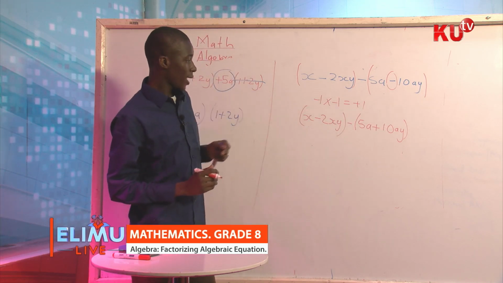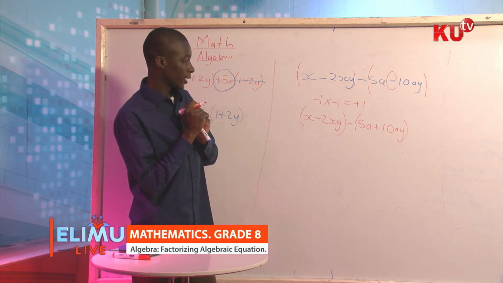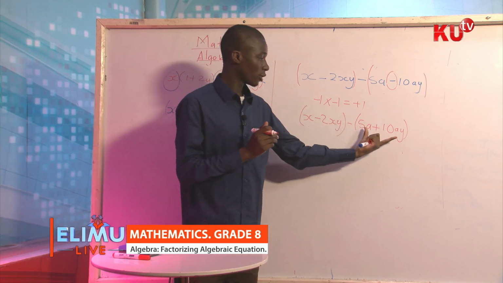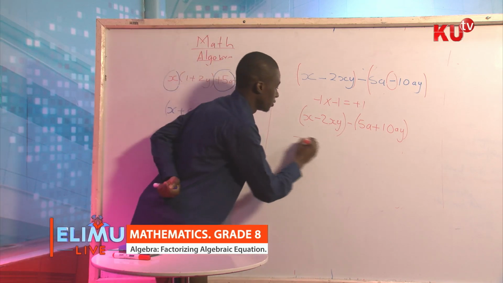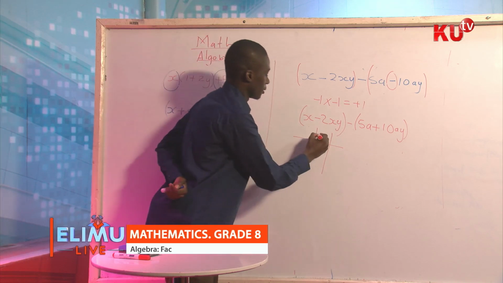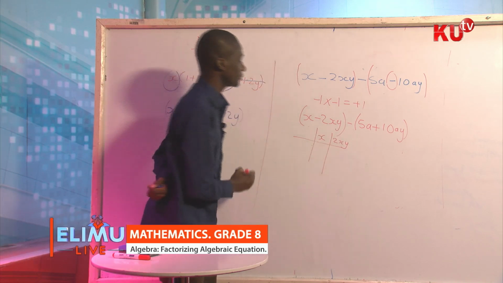Then once you've paired up your expression, we are going again to factorize the first two terms independently and also the second two terms independently. So to redraw our table for getting the GCD: x, 2x, y.